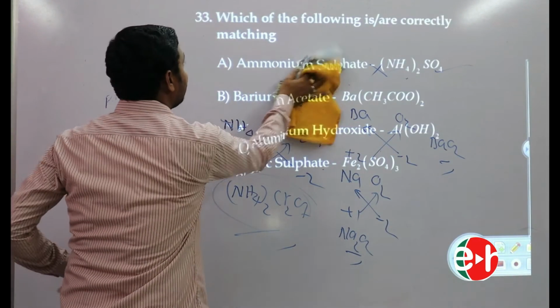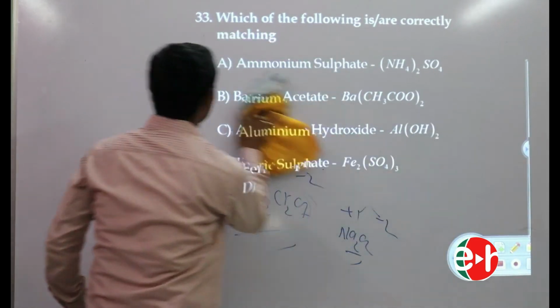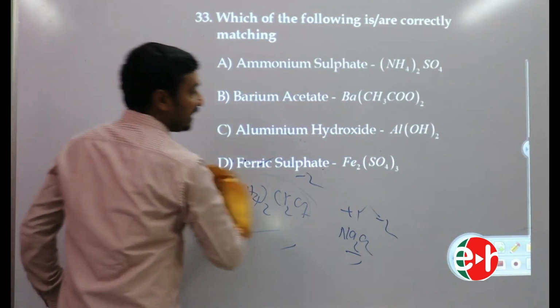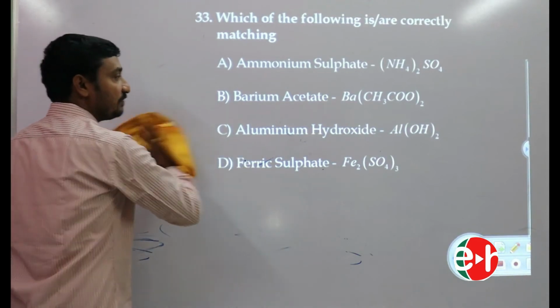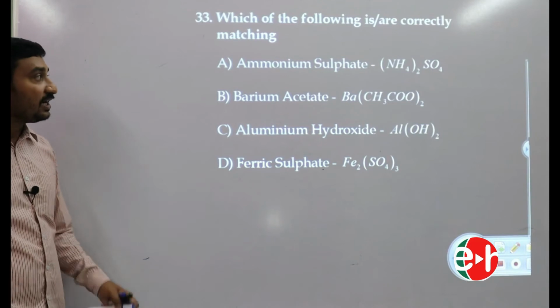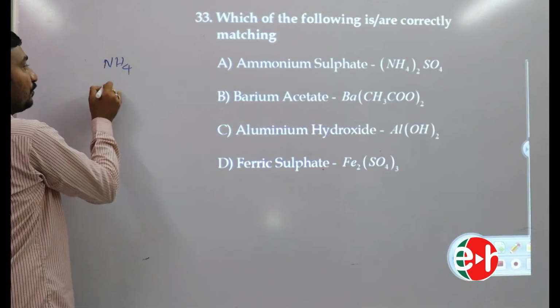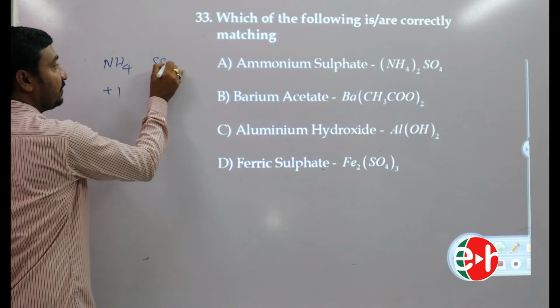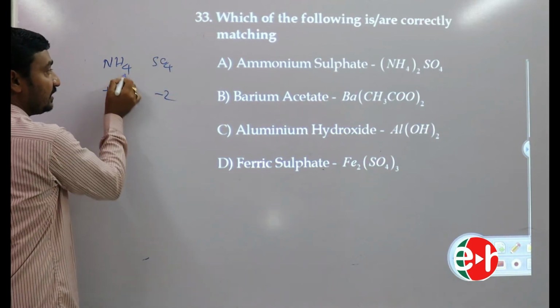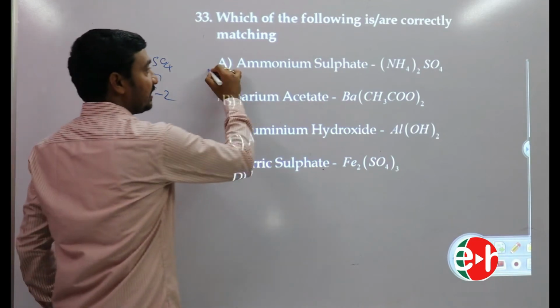Which of the following are correctly matched? Ammonium sulfate, barium acetate, aluminum hydroxide, ferric sulfate. Let's check. Charge on ammonium NH4 plus 1, sulfate SO4 2 minus, then crisscross gives (NH4)2 SO4. Yes, correct.